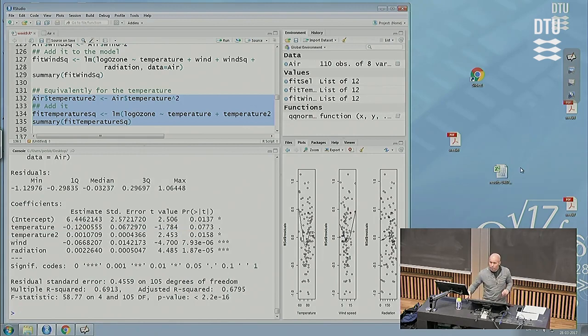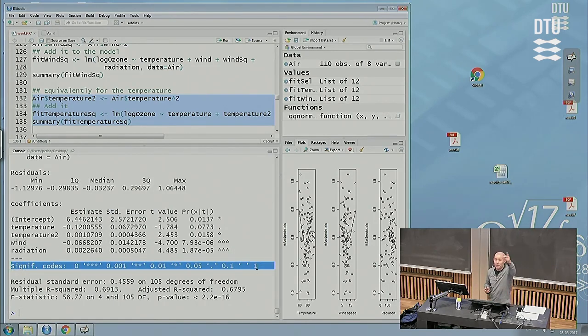Question? Does the number of stars tell something about the p-value? Yes, is the answer. R has inbuilt codes that match our table of evidence of p-values that you were given in chapter 3. It's exactly the same definition. Three stars meaning, what were the words back then? Really strong evidence.